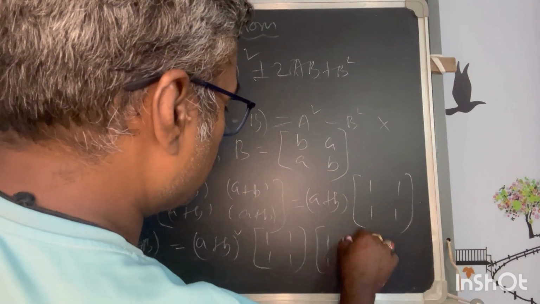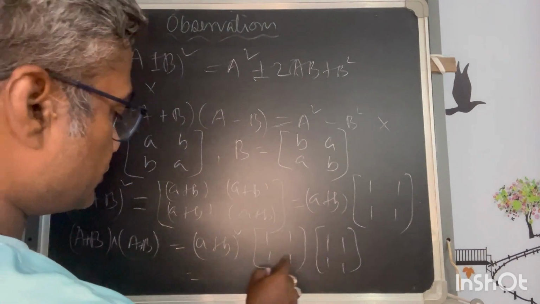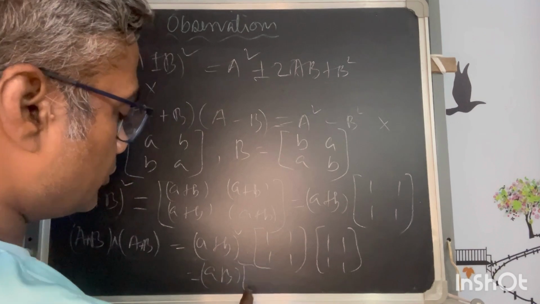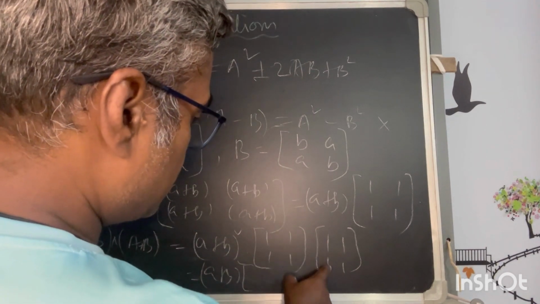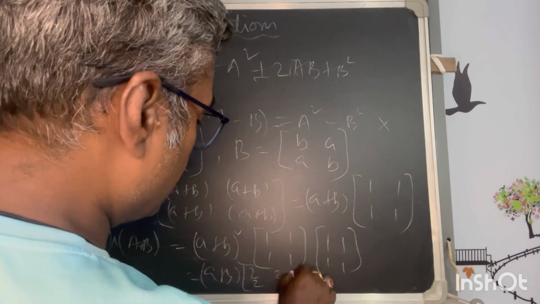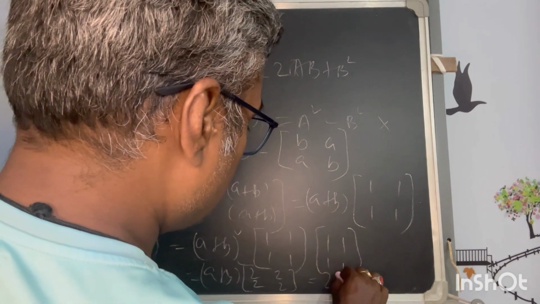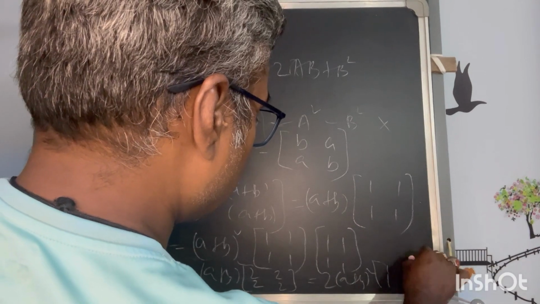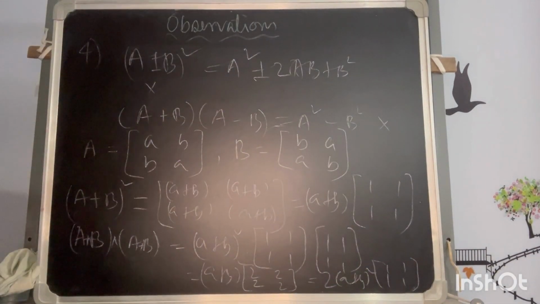This is equal to A plus B whole square into 1 into 1 plus 1 into 1, which is 2. This will be 2 2 2 2, so this 2 can also come out, A plus B whole square, and this will become 1 1 1 1, ultimately of this form. Just remember this.